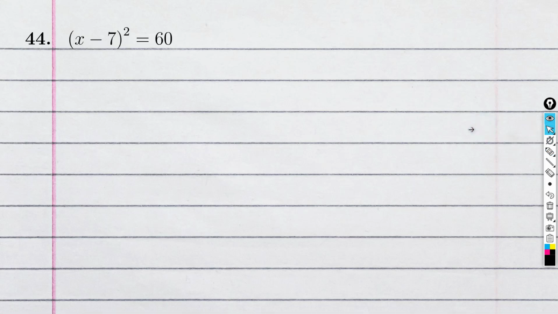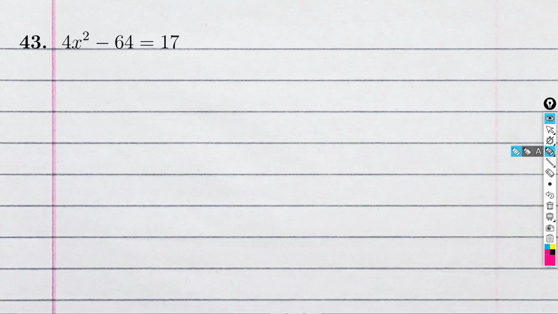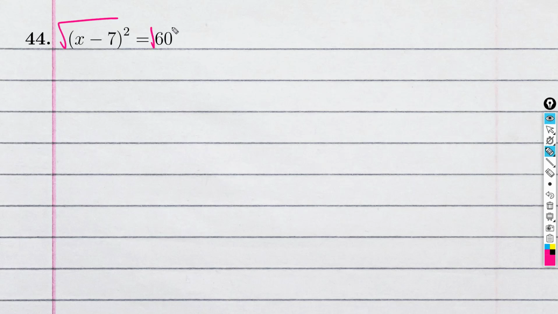Let's look at number 44. This time we have something inside that's squared, but that's all we have on this side. So we go ahead and take that first step of taking the square root of both sides. And that gives me x minus 7 is equal to, well, 60 isn't something I can take the square root of, it's not a perfect square.